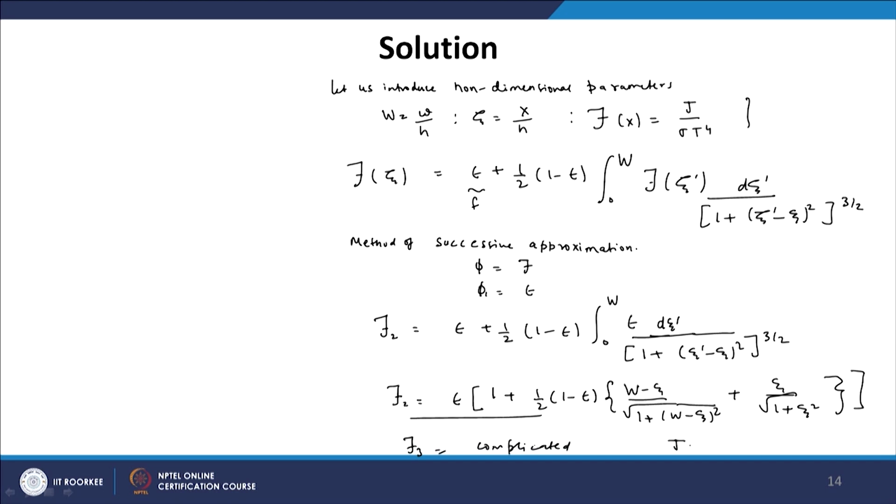So, the value of J1 is equal to J2, both are going to be similar because of the symmetry, and is simply equal to sigma T power 4 times the non-dimensional radiosity. Once the non-dimensional radiosity is known, we can easily solve for the heat flux q as a function of r. Okay. So, this was the method of successive approximation.